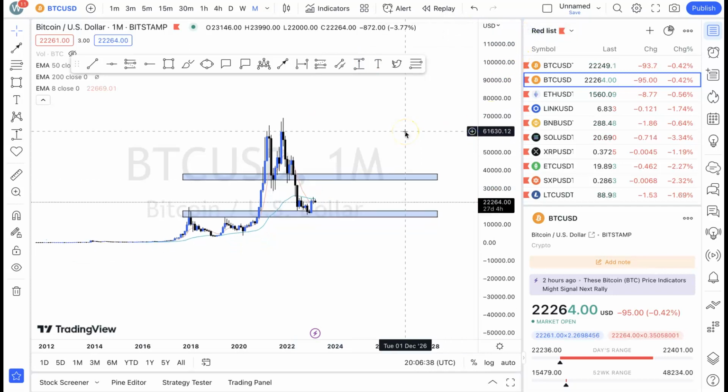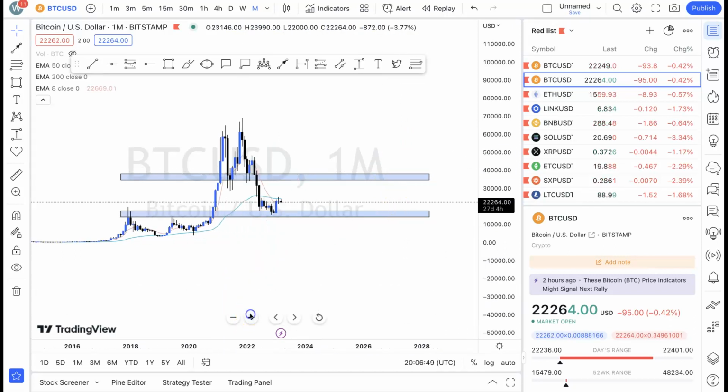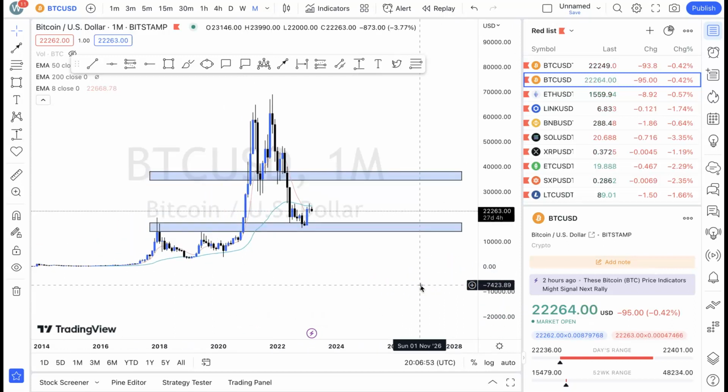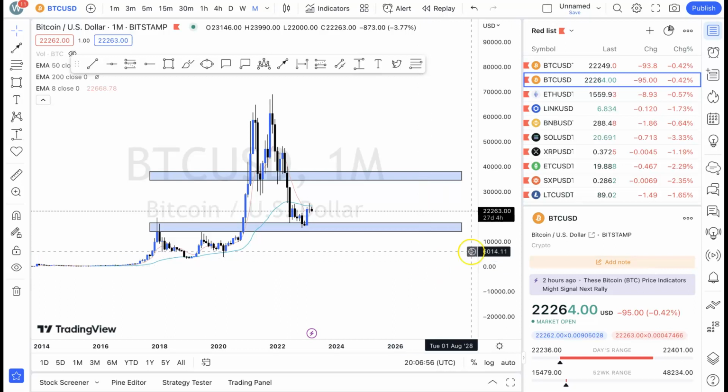So for most of your coins that you're holding, it's time to start dollar cost averaging, right? Now that they are dropping, it's time to start buying from a spot perspective. Of course, for futures trade, it's a bit more technical, so you need to get your stop loss right and your take profit and all of that.